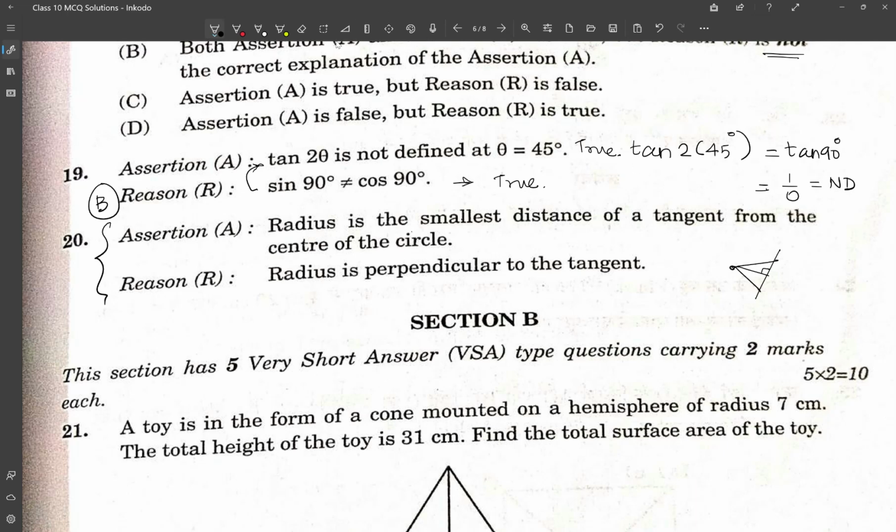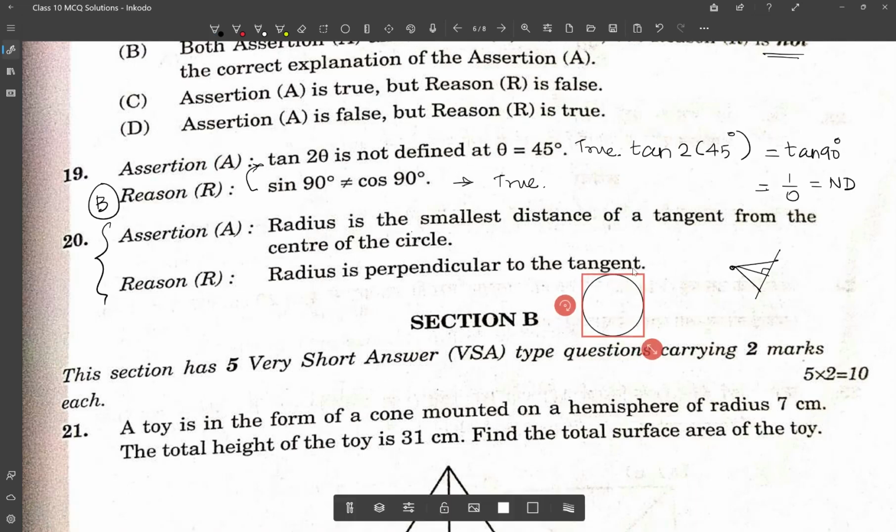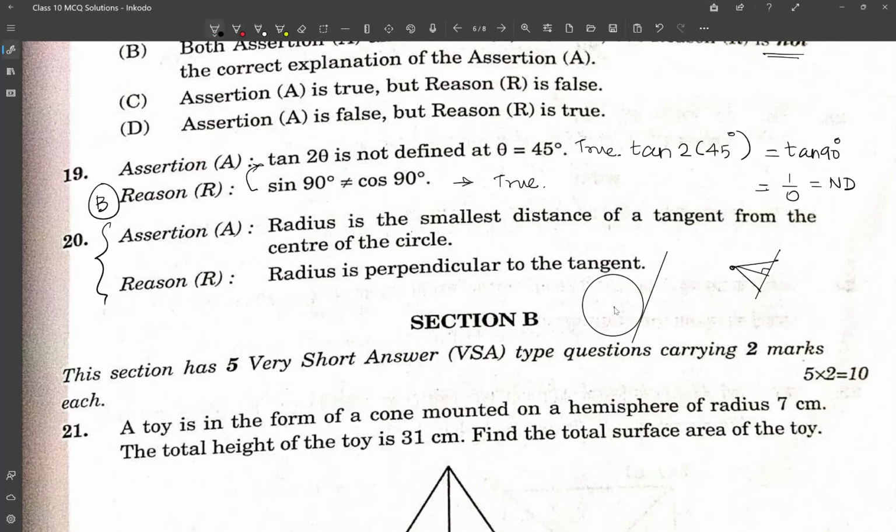So when you have a circle and a tangent, the radius connects the center and the tangent. So radius is the smallest such distance because it's a perpendicular line segment to the tangent, correct?